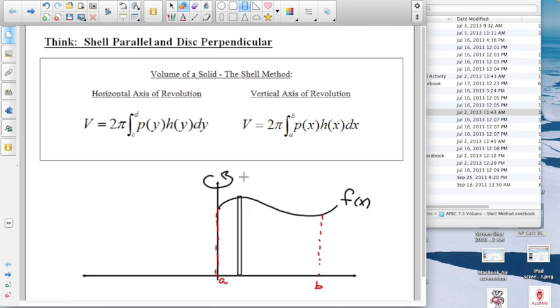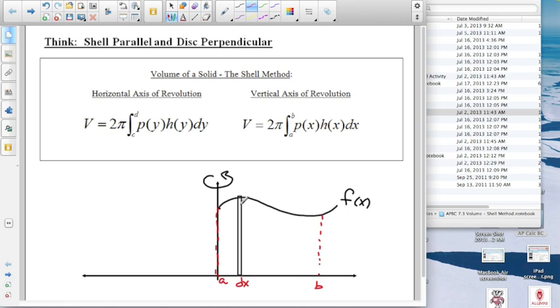So if the axis of rotation is the vertical axis or the y-axis, your incremental rectangle is going to be vertically oriented, which means that the thickness of the rectangle here is going to be a dy, or excuse me, I said that wrong, a dx. The incremental thickness is going to be a dx here.